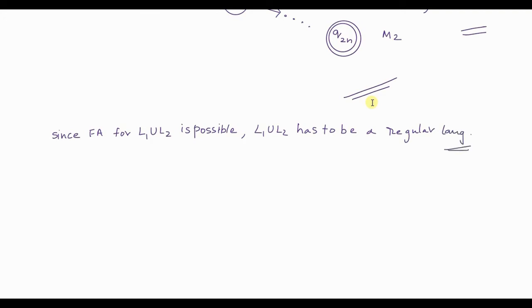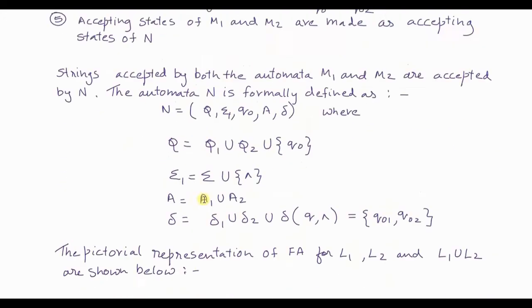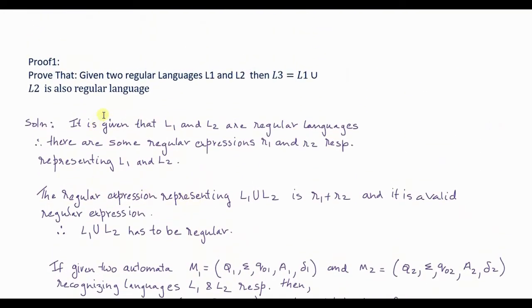So this is how I have proved that, given two languages L1 and L2, the union of both the languages, that is L1 union L2, is also a regular language.